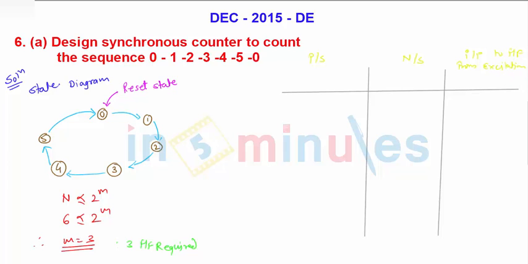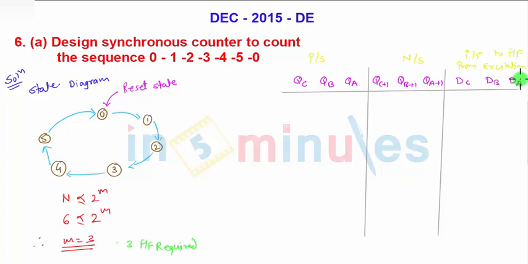These 3 flip-flops will have outputs QC, QB, QA. The next state will be QC plus 1, QB plus 1 and QA plus 1, whereas the inputs to the flip-flops will be D. Let us say we are using the D flip-flop, so it will be DC, DB and DA. The delay type of flip-flop we are going to use to design this synchronous counter.